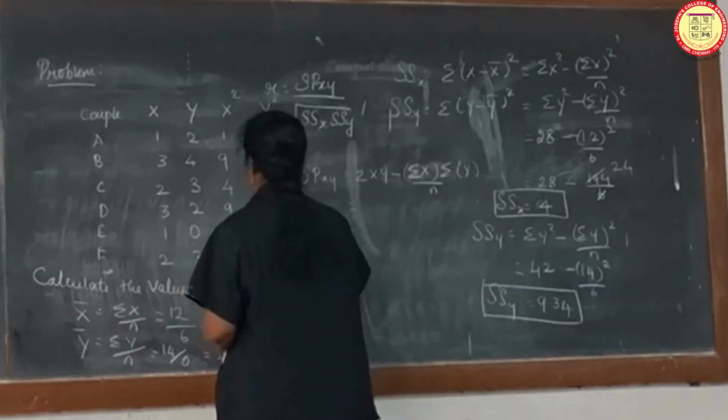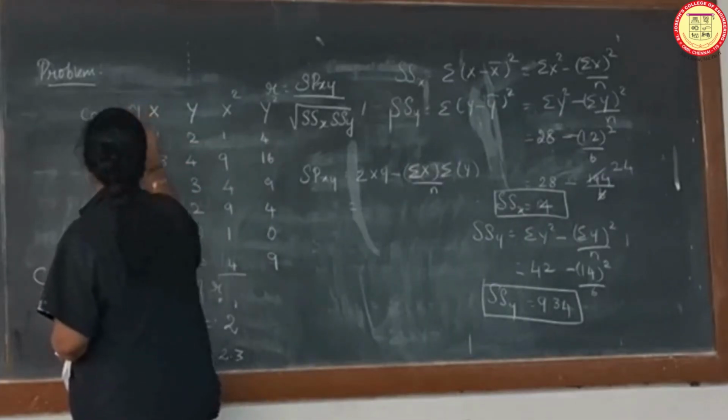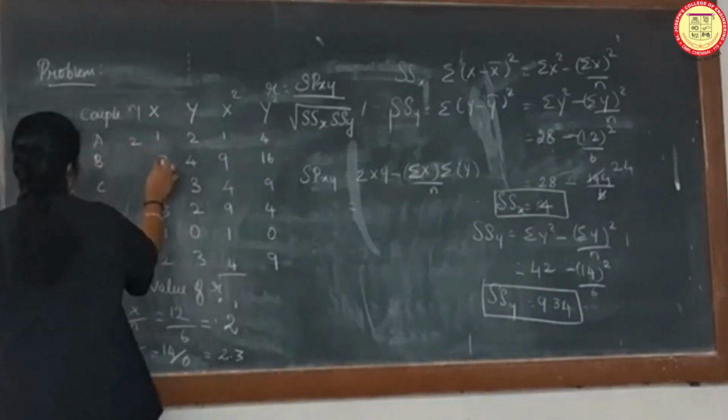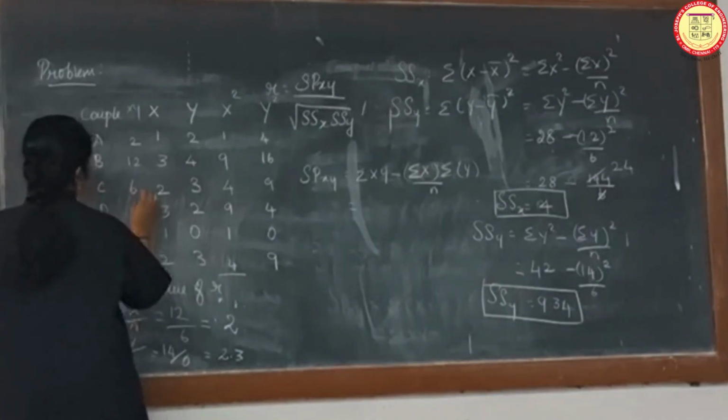So here you have to add one more column called xy. 1 into 2 is 2, 3 into 4 is 12, and so on.